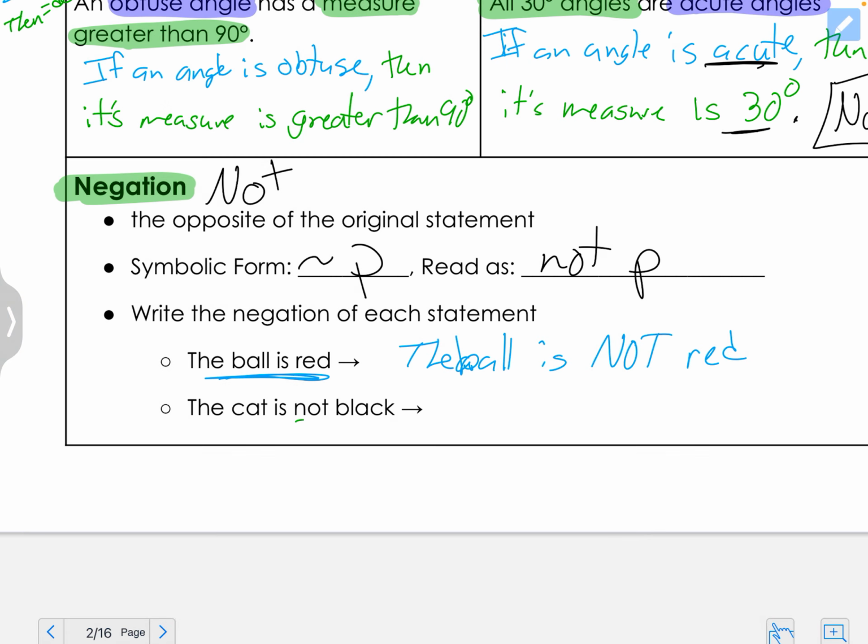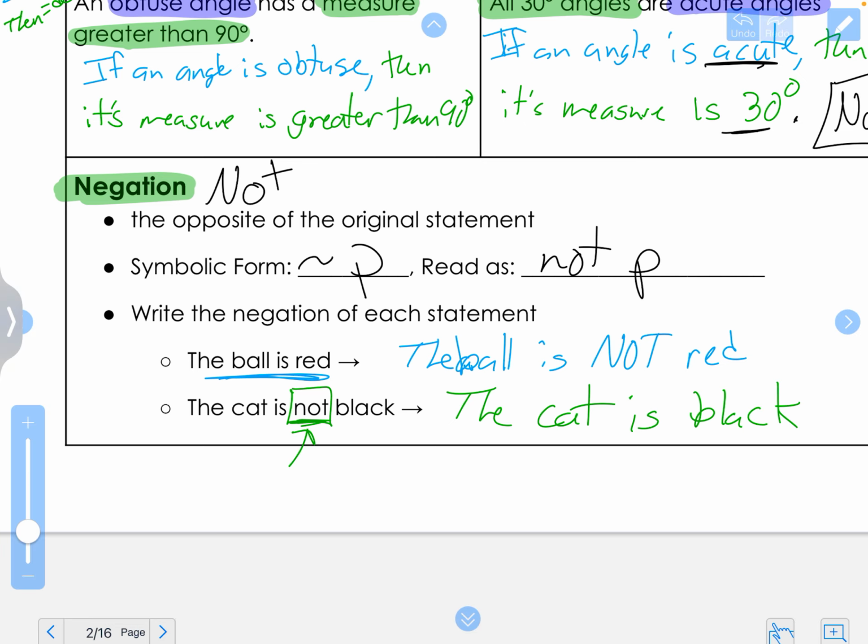In our next statement, it says the cat is not black. So if it's not black, then we know that the cat is black. If it's already negated and we negate it again, we make it true.